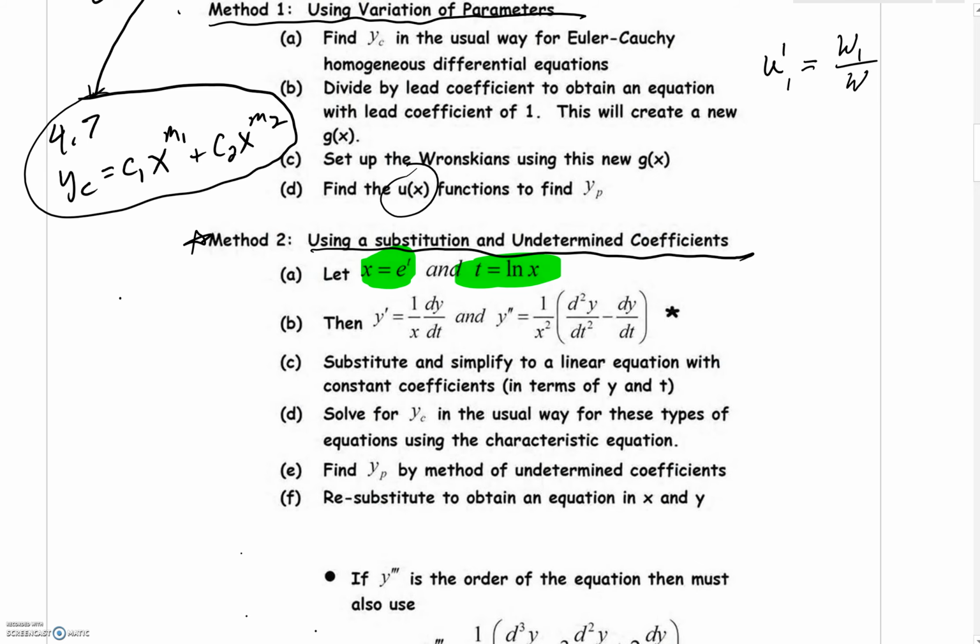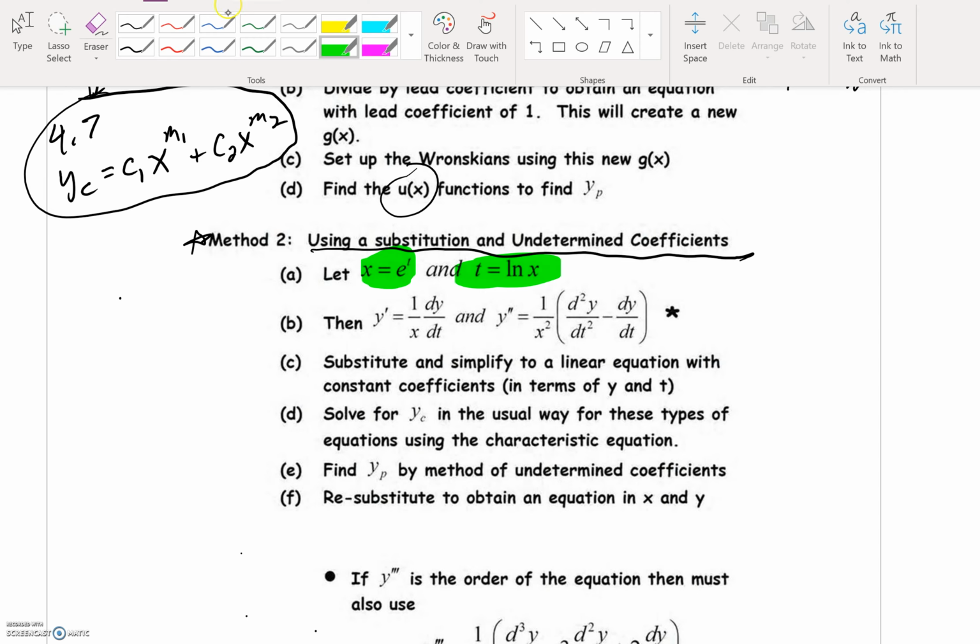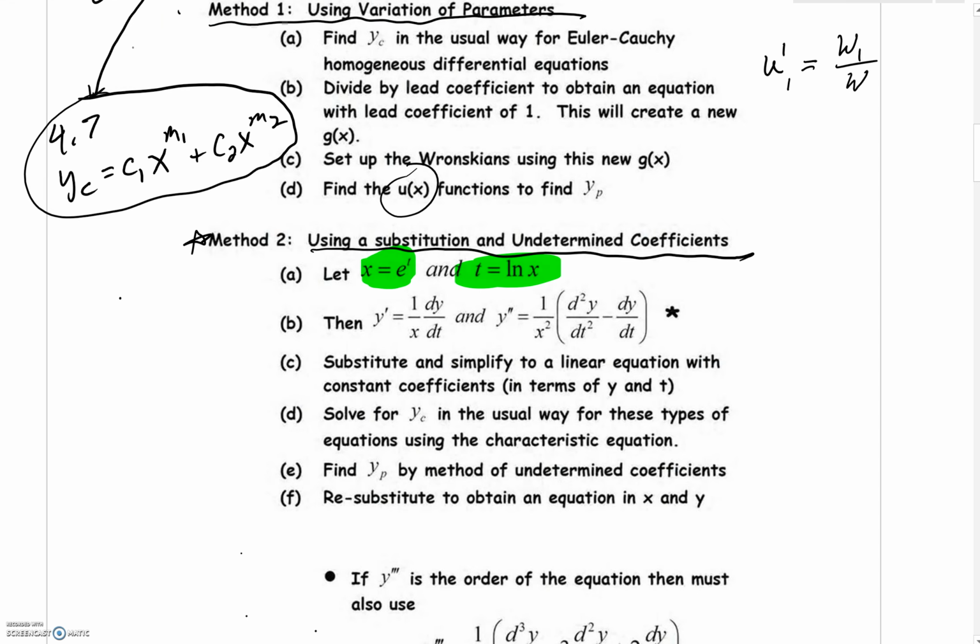And right now we're well on our way to being able to go through this. For part B, they're asking us to do something here. Y prime would equal something. So, tell you what, y prime is really dy dx, isn't it?